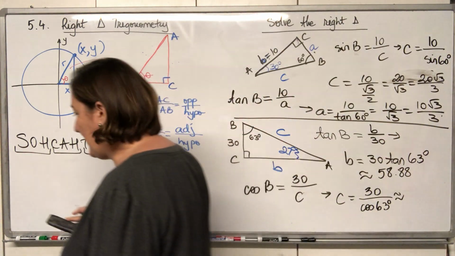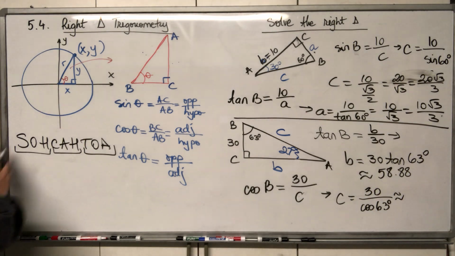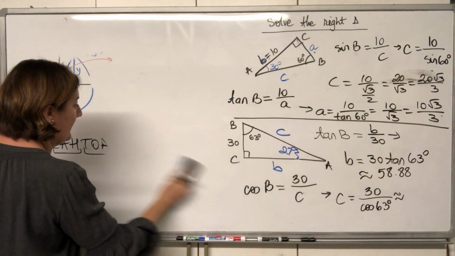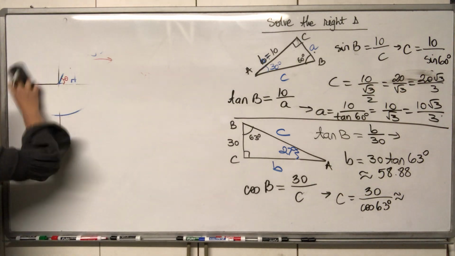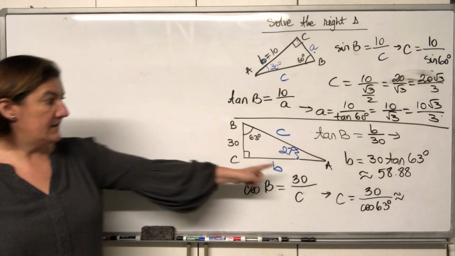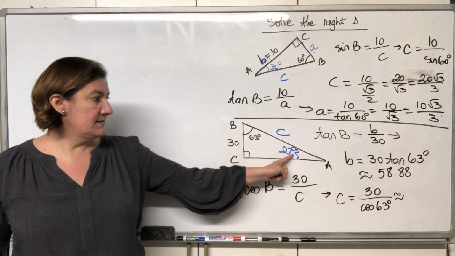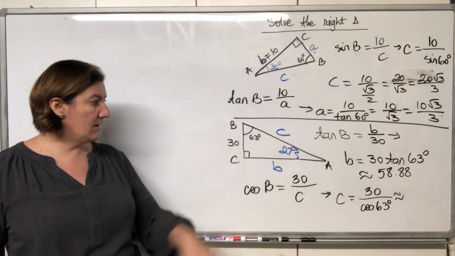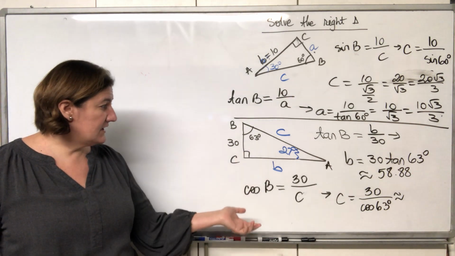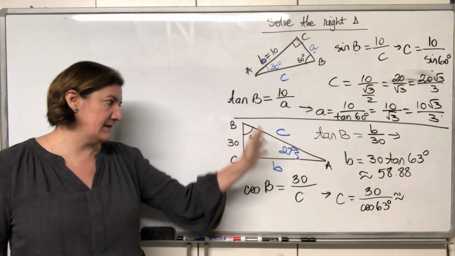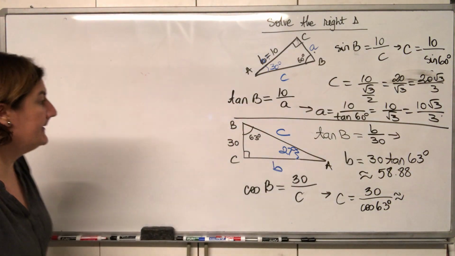To start, there's so many connections between all these angles. You can figure them all out, no problem. So as I said, you could have used sine of 27 degrees is 30 over C. You could have gotten C from there. You could have used, not tangent because that's the legs, but yeah, sine or cosine will get you.